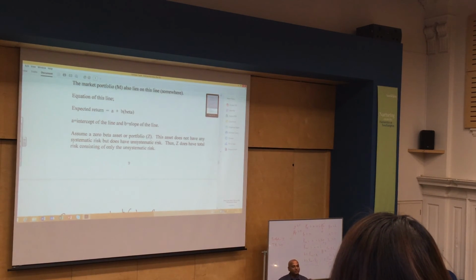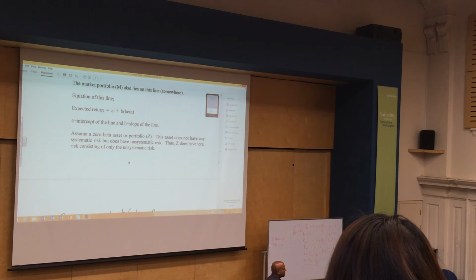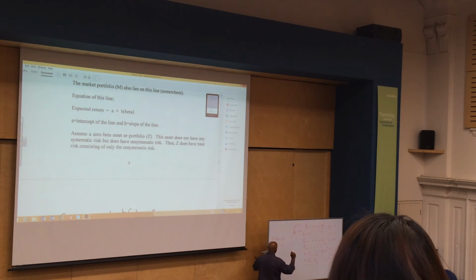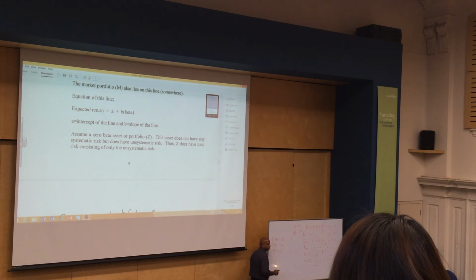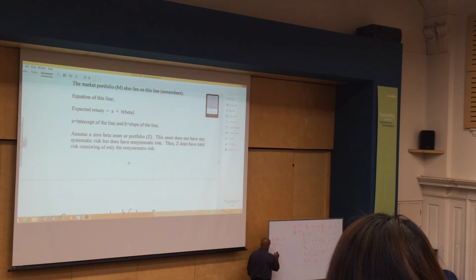So this thing has total risk. But the big thing was, systematic risk is equal to 0. That means unsystematic risk is positive. The total risk is equal to these two put together.